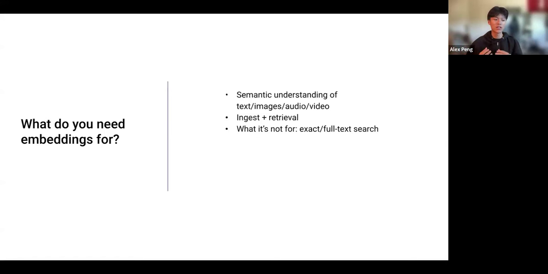Semantic search is essentially taking your query. So for example, if your user types in the word Python, right? And in your document corpus, there's a bunch of articles about snakes in the Amazon rainforest named pythons.